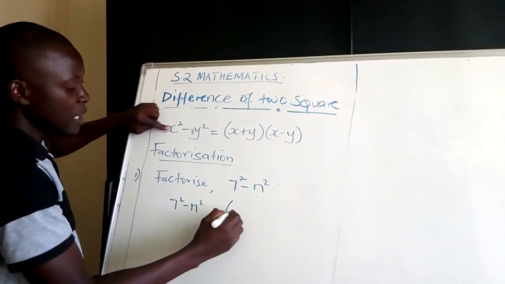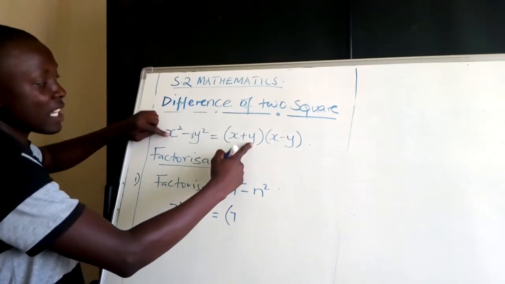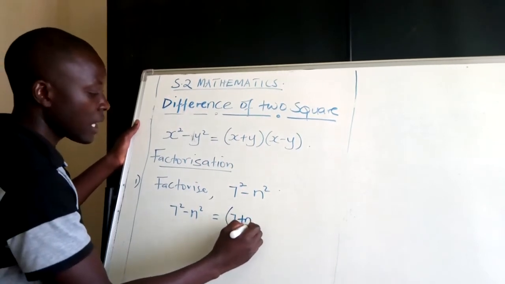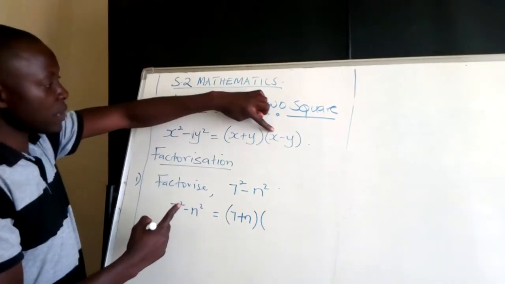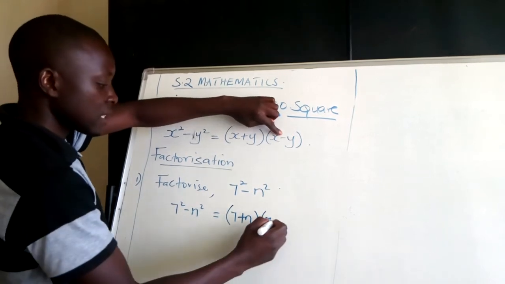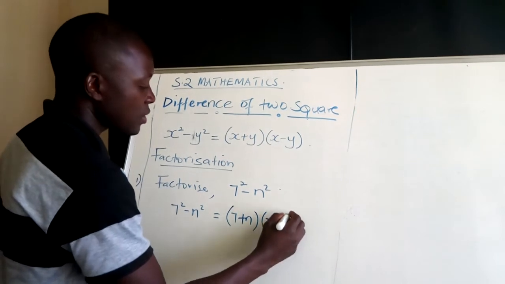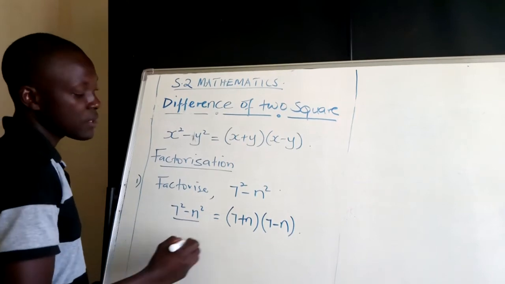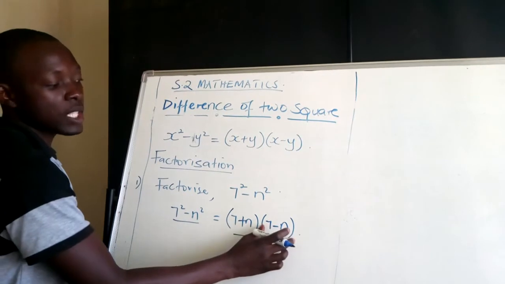Meaning I'll look at the first term, which is 7, without the square, plus the second term still without the square, which is n, then into the first term without the square, that's 7, minus the second term without the square, which is n. Therefore, we've written this expression as a product of two things.